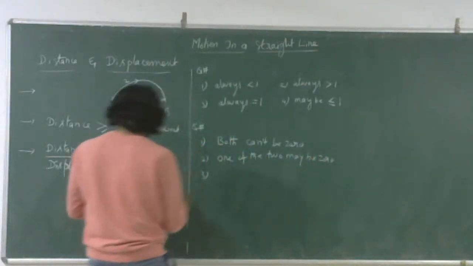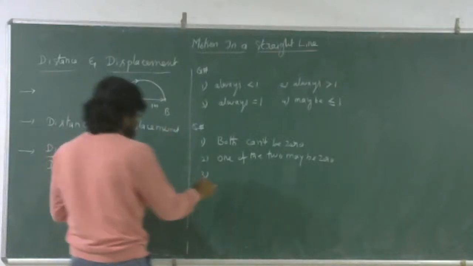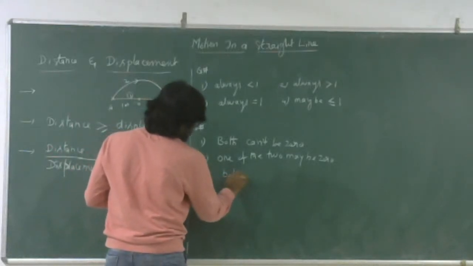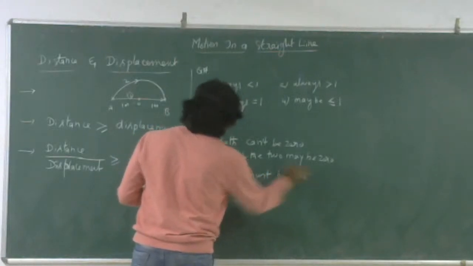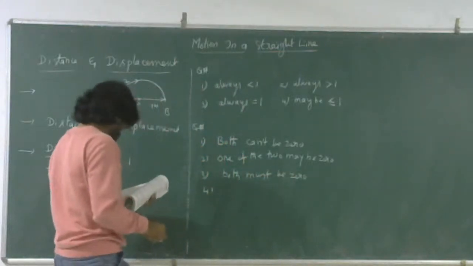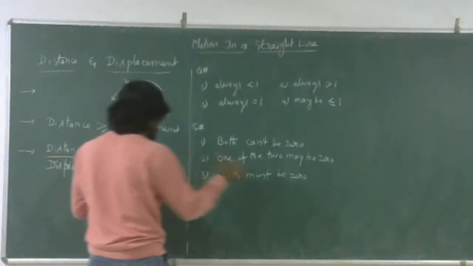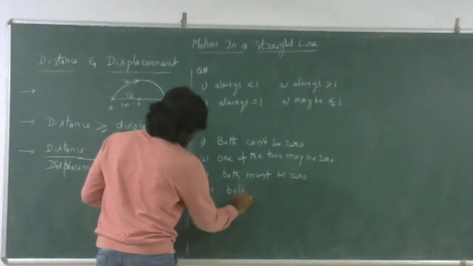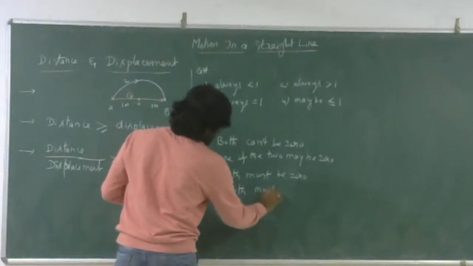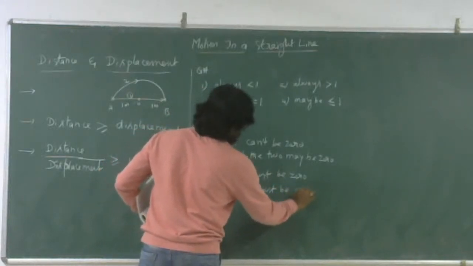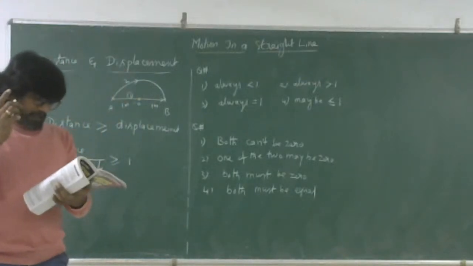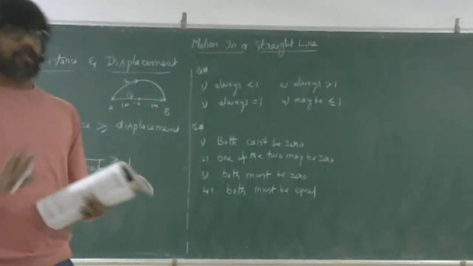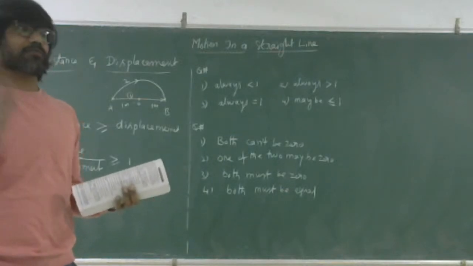And third option is both must be 0. And fourth one, both must be equal. The question is, the location of a particle is changed. You have to carefully observe this.